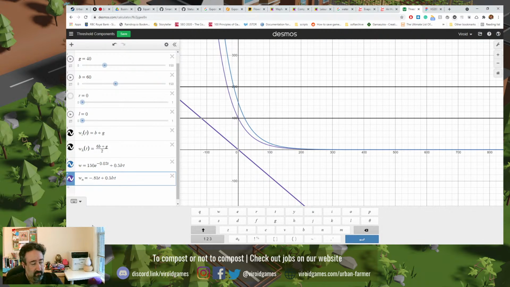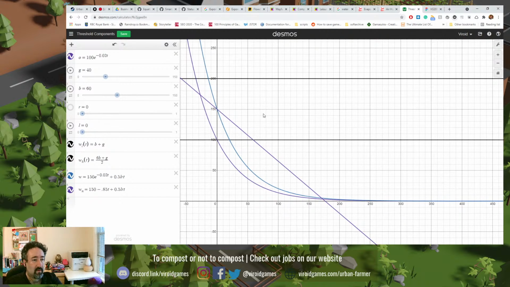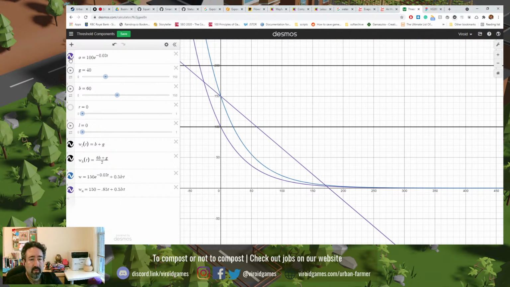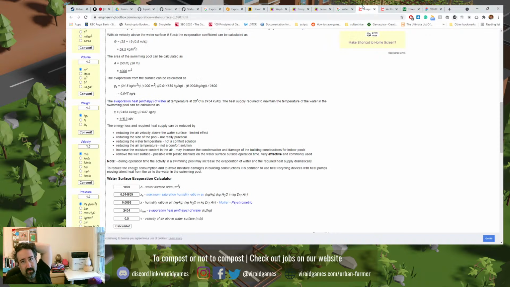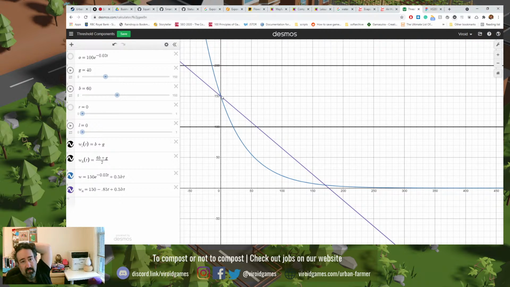And of course, it kind of started at 100, and so we are actually okay with oxygen. Let's hide that. So the blue line is our exponential function, also known as the decay function here. This one, the purple one, is the super scientific evaporation calculator, which then has this linear decay.